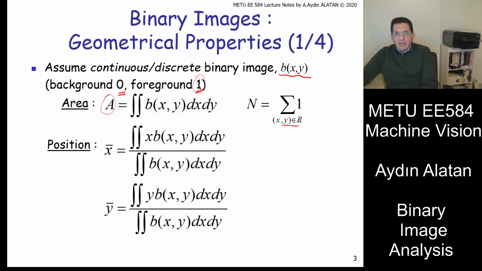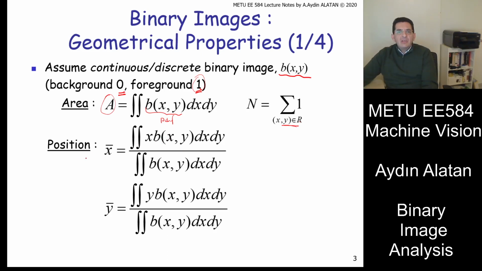The position is obtained like an expectation operation. If you assume this is like a PDF, that's like an expectation operation, okay. Therefore, in a way, it's like a conditional expectation here. Now, this is the first order moment according to fundamental laws of physics.